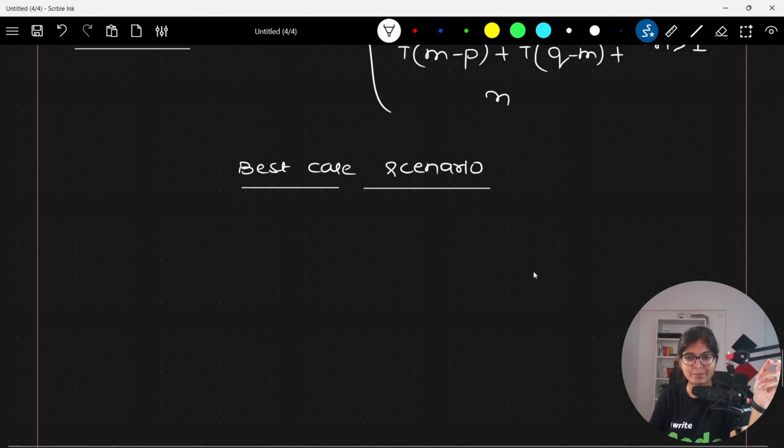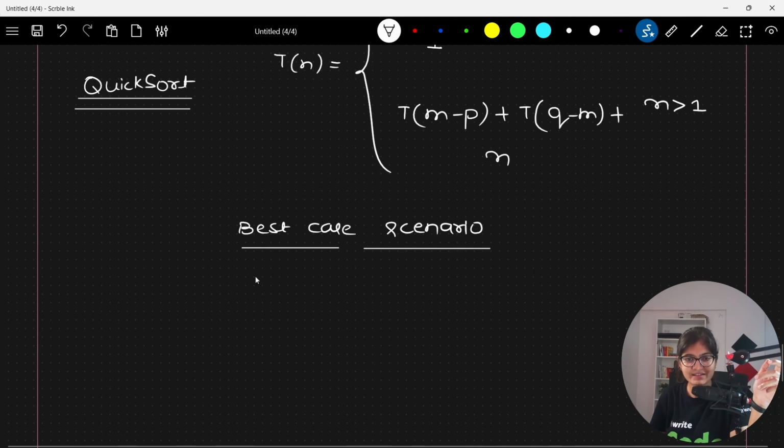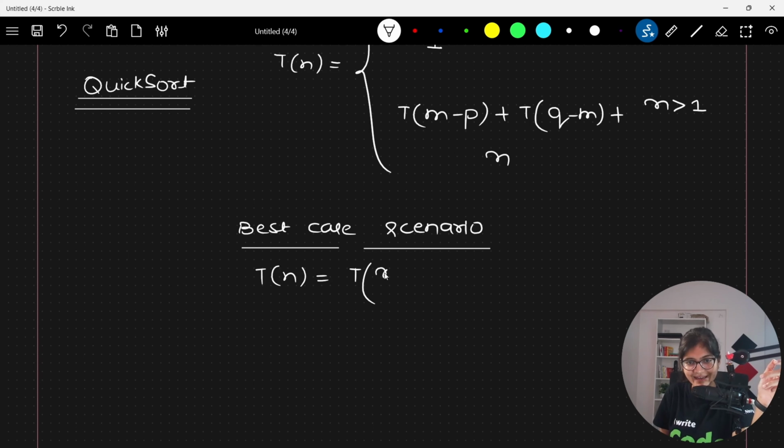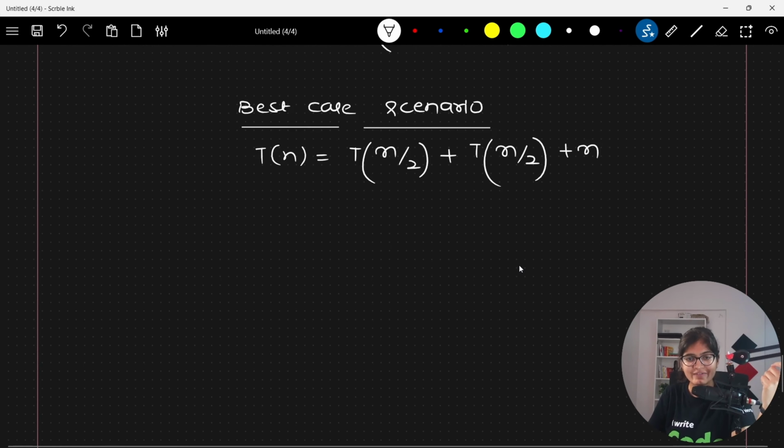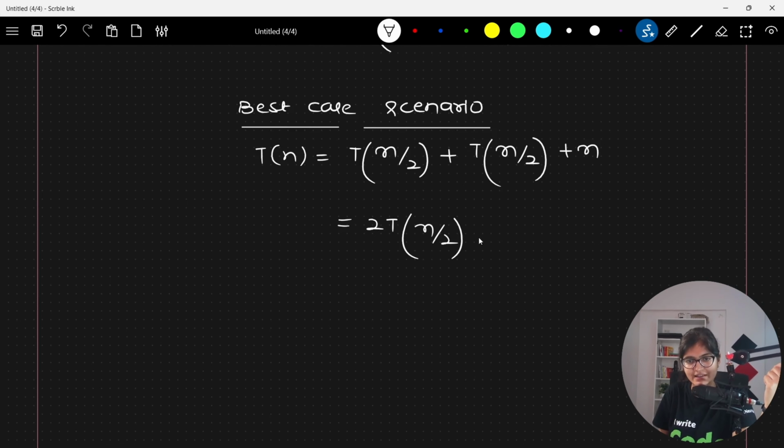So when I'm talking about the best case scenario, your recurrence relation will be equal to T of the left subarray, which will contain half of the elements, plus T of the right subarray, which will contain half of the elements, plus n. So if I solve this, it will be 2T of n by 2 plus n. If you remember, this is the recurrence relation we got for merge sort as well.